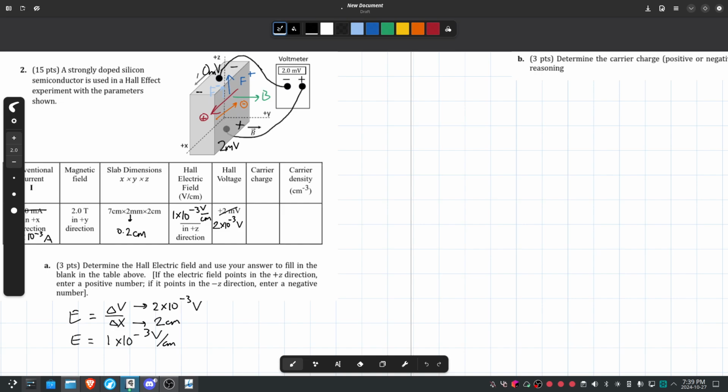Is this end positive or negative relative to the other side? It's negative. Therefore, it's negative. I hope that's simple enough. You guys know how to read a voltmeter, all of that. If this voltmeter was negative, you'd swap signs, all of that fun stuff.